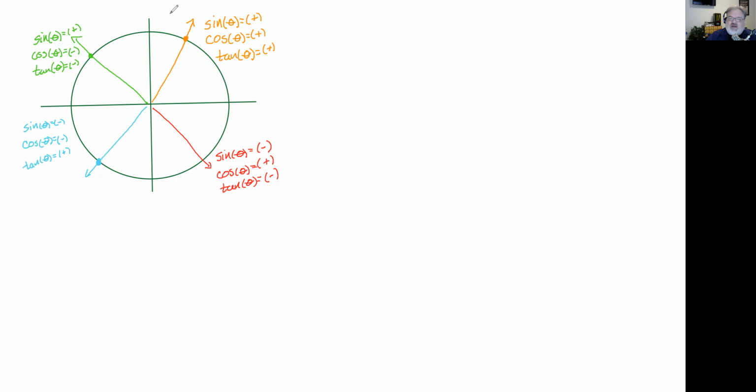There are some mnemonics for this, though. Again, this is quadrant 1, quadrant 2, quadrant 3, and quadrant 4. One of the common ones is, in this first quadrant, all of them are positive. In this quadrant, sine is positive. This one, tangent is positive. This one, cosine is positive. So some of the mnemonics are things like all students take calculus.